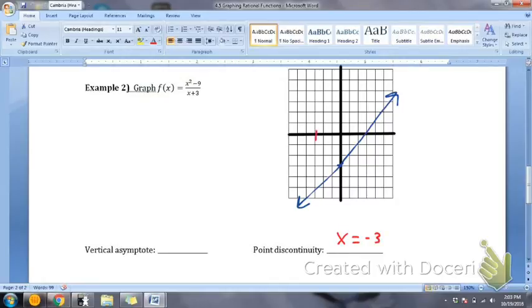So on my x-axis, x is -3 is here. And so I'm going to travel down to where my graph actually hits that, and draw a hole there. So I have a point of discontinuity at x equals -3. But my graph doesn't hit up here, right? My graph hits down here. So that's why I have to go down there and draw my point of discontinuity here.